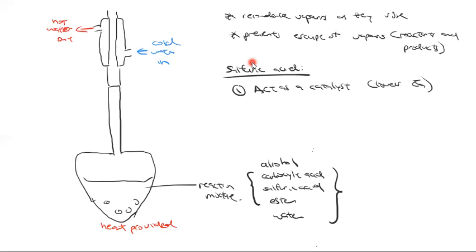If you're interested in how it lowers the EA, you can look up what's called the Fischer esterification process. We won't get into that here. But essentially, it acts as a homogeneous catalyst. It provides intermediate steps. It's not a surface catalyst, it's an intermediary kind of catalyst.